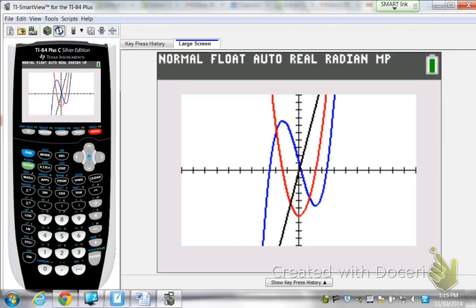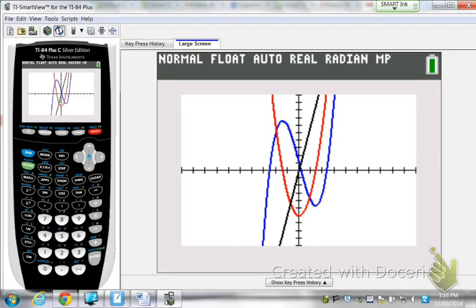Well, you should be able to tell now from the graph where that is. Because look, the red is the velocity graph, and the black is the acceleration graph. So we can see where both of them are going to be positive above the x-axis, and we can see where both of them are going to be negative or below the x-axis.